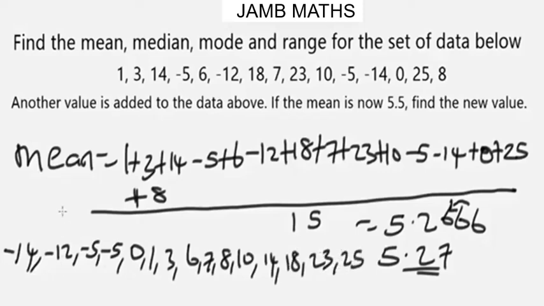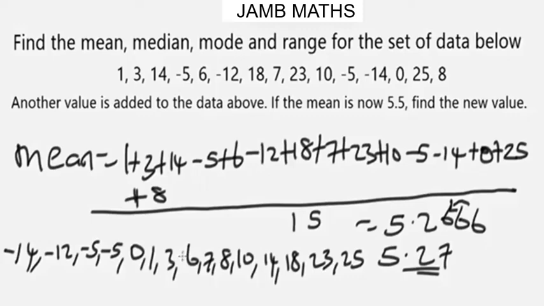So let's check if it is up to 15 values. We have 1, 2, 3, 4, 5, 6, 7, 8, 9, 10, 11, 12, 13, 14, 15. Alright, so it's up to 15. Since it's up to 15, the median will be the middle value.